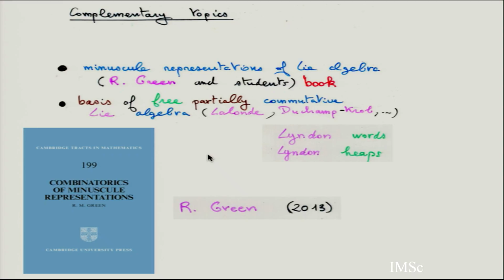The difficulty is that if you take the heap equal to the product U by V, and the heap V by U, this relation is not enough; you have to take the transitive closure of this relation to get the conjugation in terms of heaps. And then you can define Lyndon heaps, and this gives a basis of this partially commutative Lie algebra.